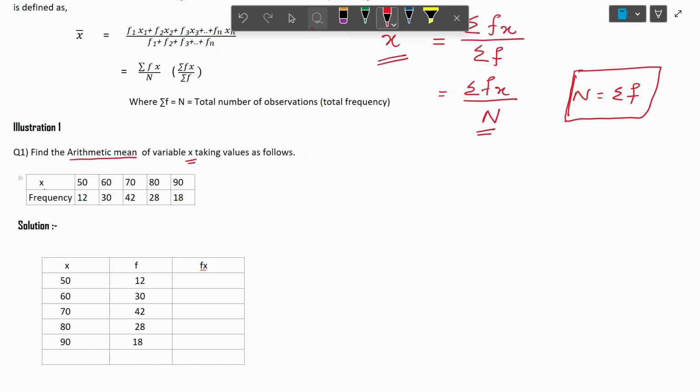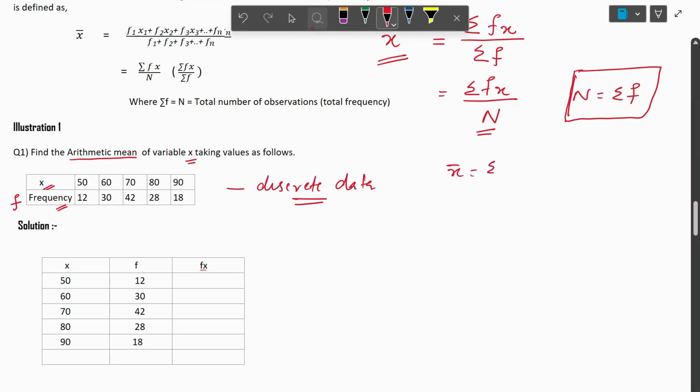First row is x, and the next one is frequency, that is f. The x values are 50, 60, 70, 80, 90, and frequencies are given. Now see here, this is which data? This is your ungrouped data, that is your discrete data. If it is discrete data, what is the formula? X bar is equal to summation of fx whole divided by summation of f.